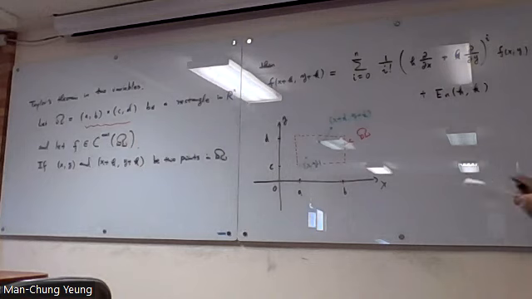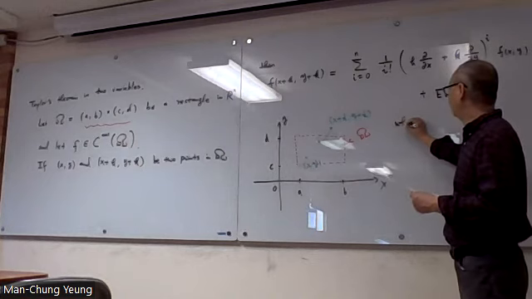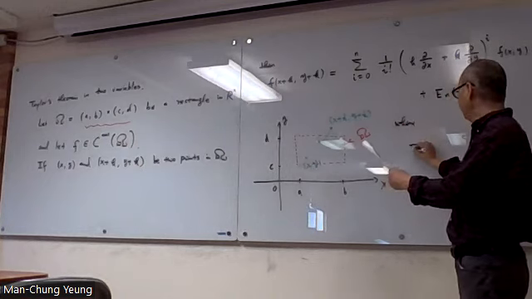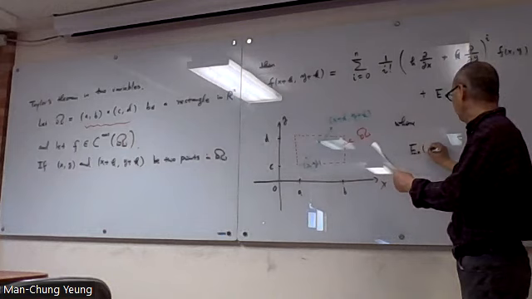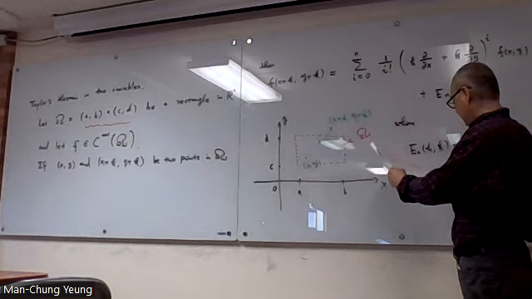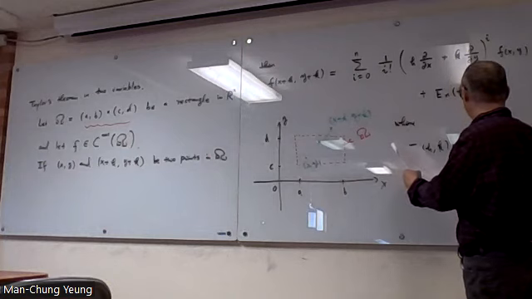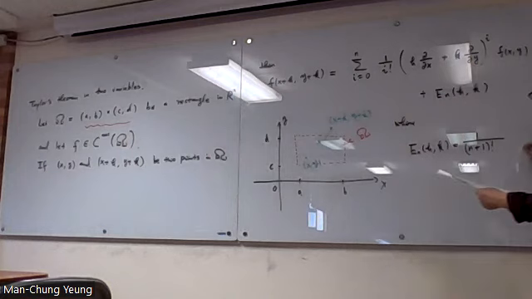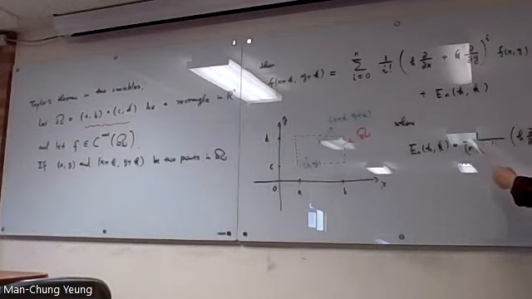Then the formula for the error, we have E(h, k) is 1 over n plus 1 factorial times (h partial x plus k partial y) to the power n plus 1.